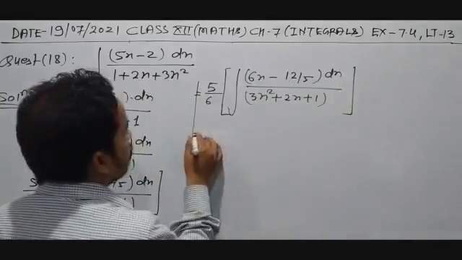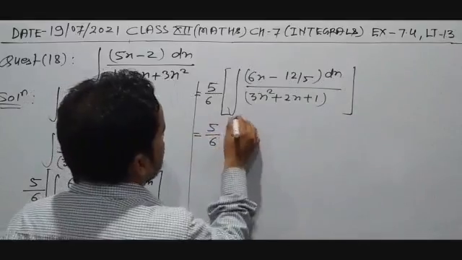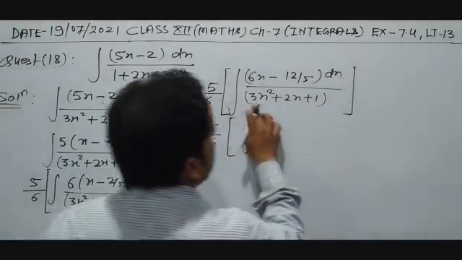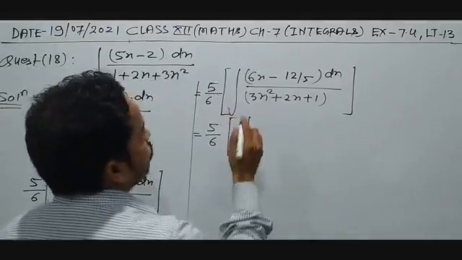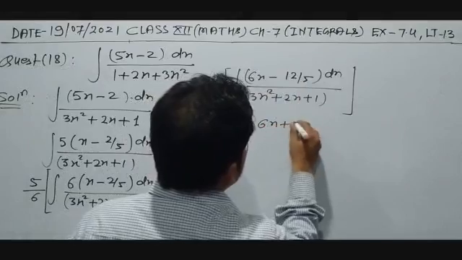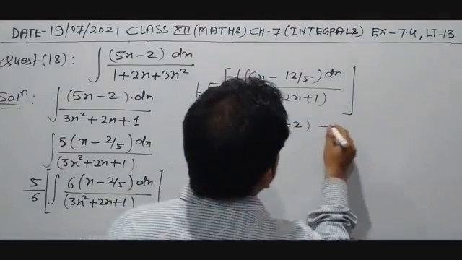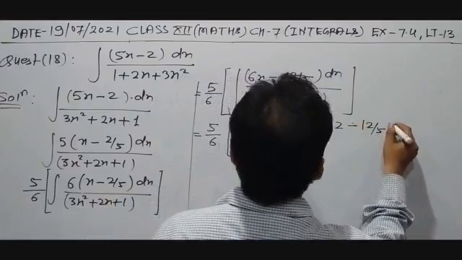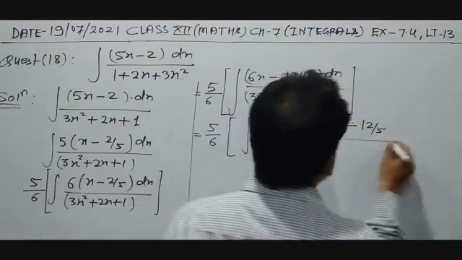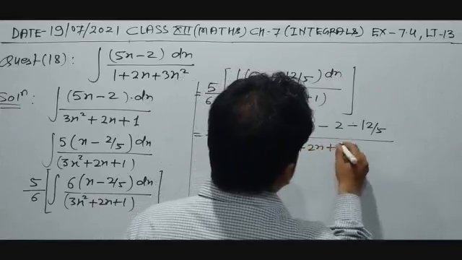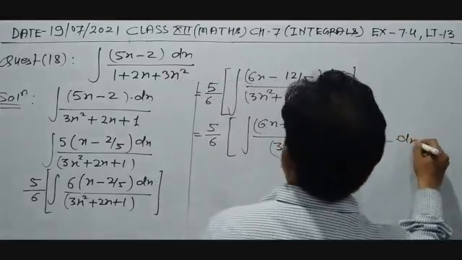Now bracket closed. So 5 by 6 integration of, the denominator's differentiation is 6x plus 2. So you have to convert it in terms of 6x plus 2. So this one can be written as 6x plus 2 minus 2 minus 12 by 5 whole upon 3x square plus 2x plus 1 dx.